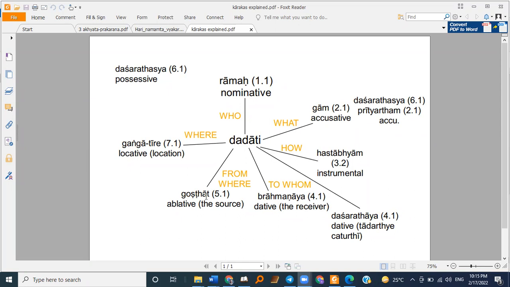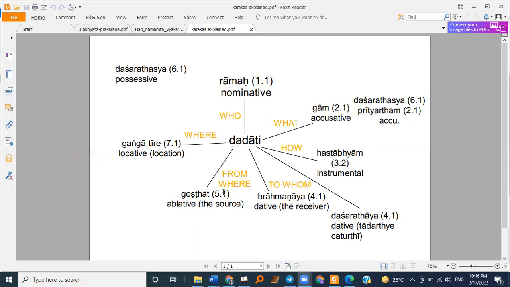Goshthat, like Goshala, from the cow area or the Goshala. So Rama gave the cow with his hands to the Brahmana from the Goshala. So Goshtha, the Goshala, becomes the source from where the cow came. It takes the Panchami, the fifth case.